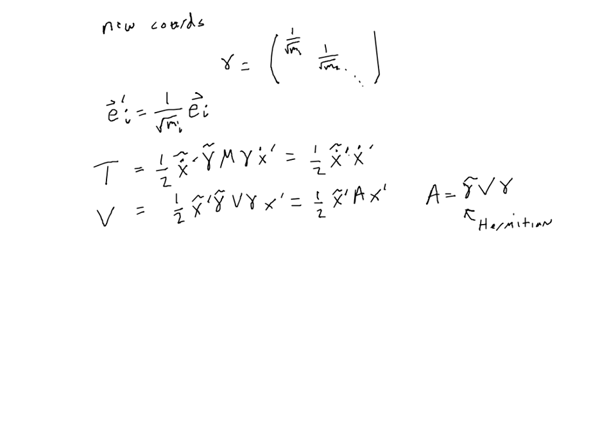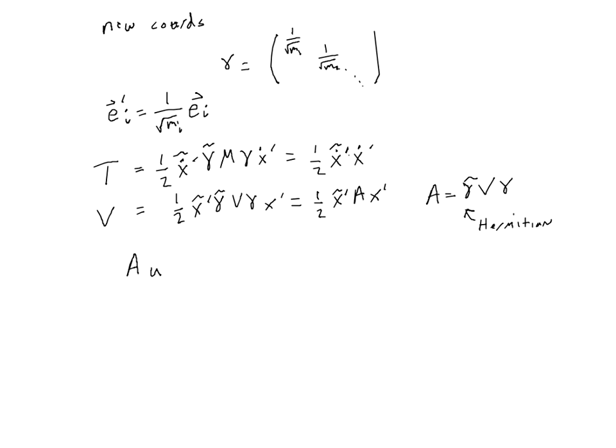So A in this case has some real eigenvalues and real eigenvectors. And because it's an n by n matrix, in this case it's going to be 9 by 9, because that's the way our coordinate system works.